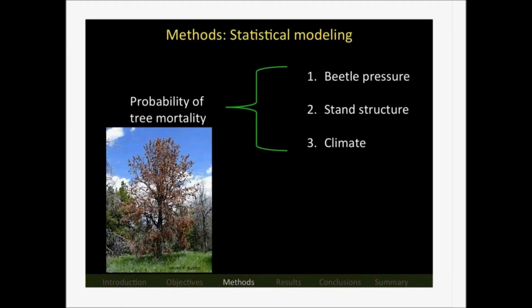To address Objective 1, we used statistical modeling, or developed a model of the probability of tree mortality given beetle pressure and stand structure conditions and climate conditions.